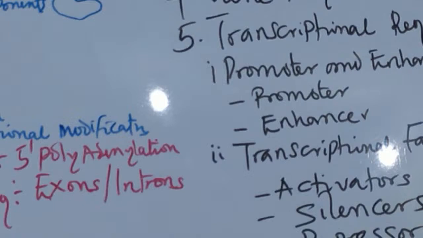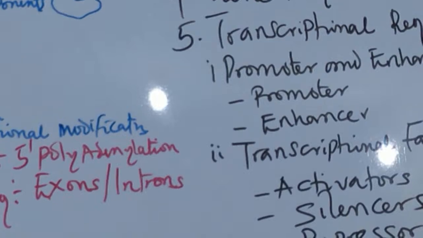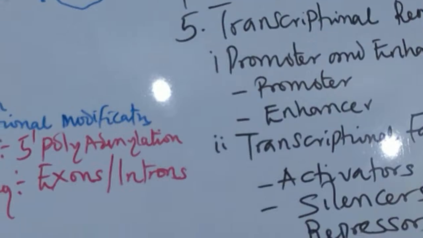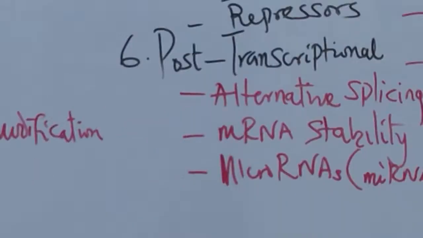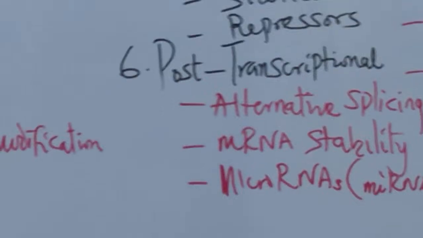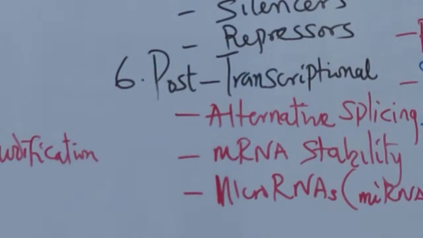Now again, the other level at which genes can also be regulated is at the point of post-transcriptional effects. There are three types of events that take place under post-transcriptional events.